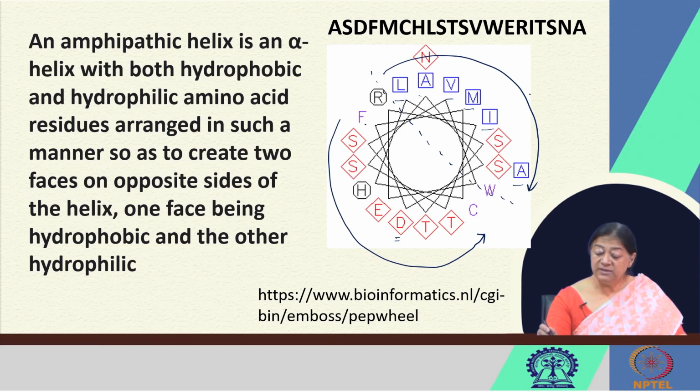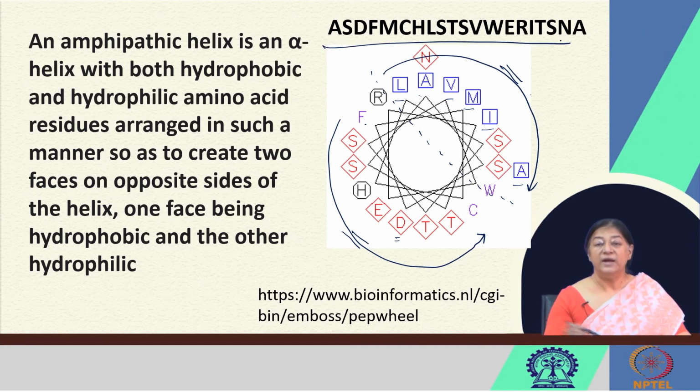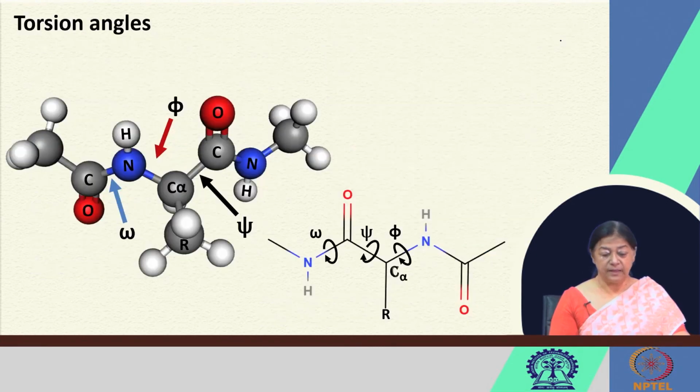We would expect this region to be near the center or near the core of the protein and this region to be on the surface of the protein. So this is a very interesting way, just from the sequence, to identify which part of the helix is going to be present where in the protein.